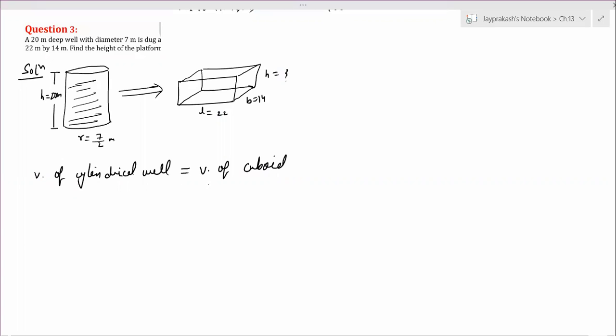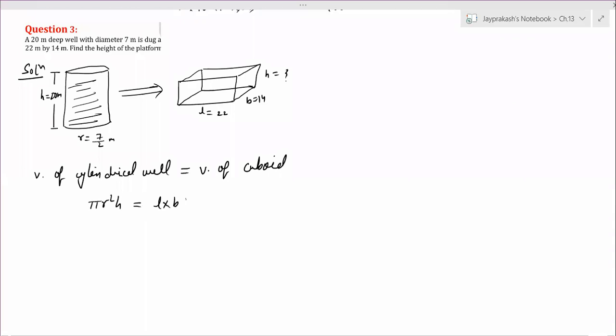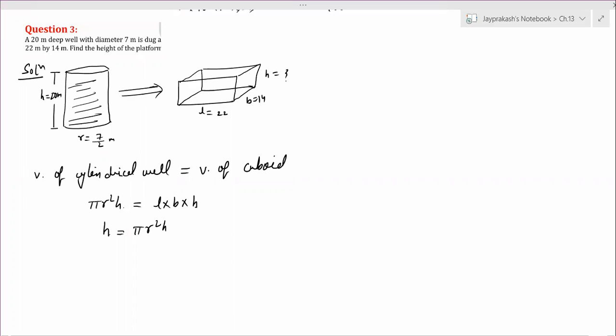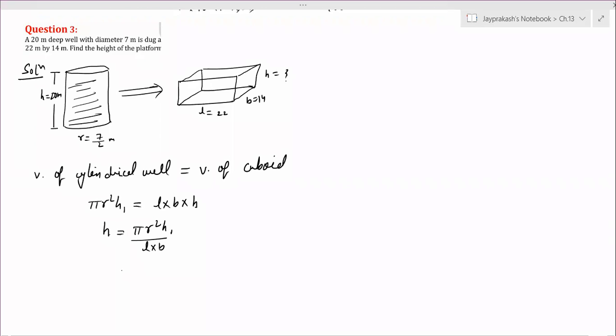So volume of cylindrical well equals volume of cuboid. So it is pi r square h on this side, and L into B into H on this side. So simply we can write H equals pi r square h divided by L into B. We are using h1 as the cylinder height and h as the cuboid height.